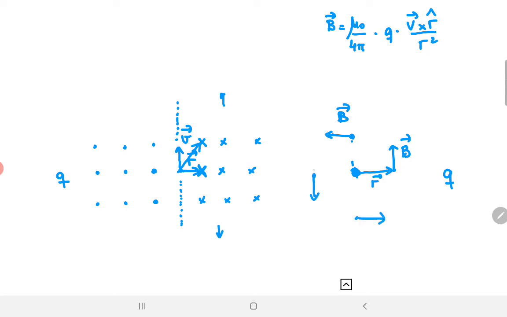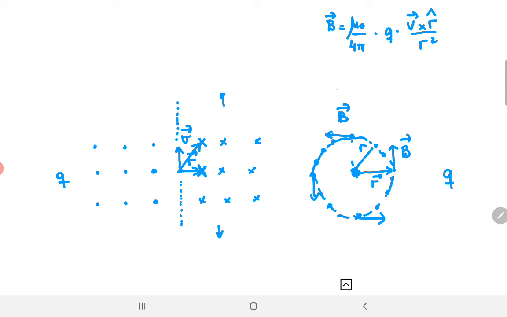You can discuss all of these. Whenever I'm at the same distance from this point charge, if I draw a circle of radius r, all these points have the same magnetic field magnitude, and the direction is given by the tangent of this circle.